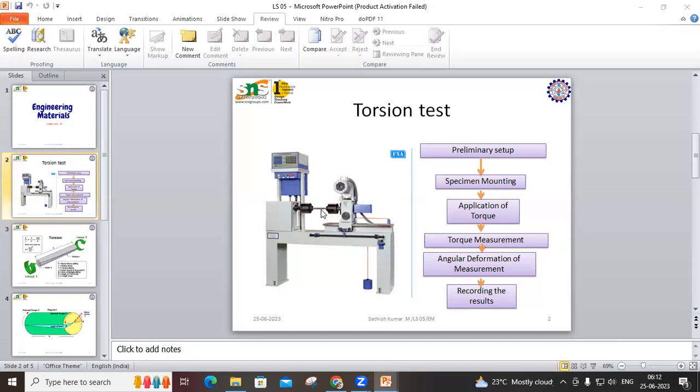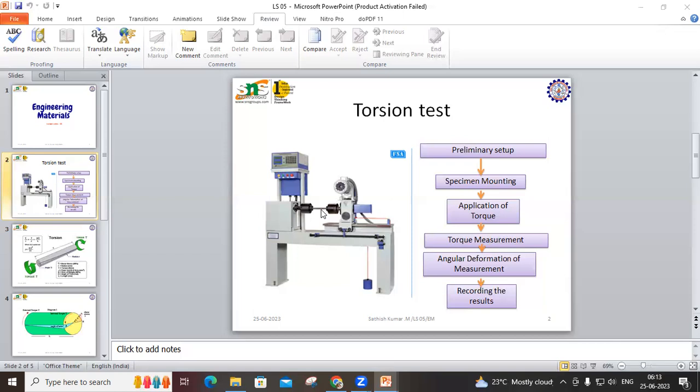Finally, we plot the torque versus twisting angle curve. The recorded torque and corresponding twisting angle data are used to plot this curve. The curve provides information about the material's response to torsional loading, including its elastic behavior, yield point, ultimate strength, and ductility.